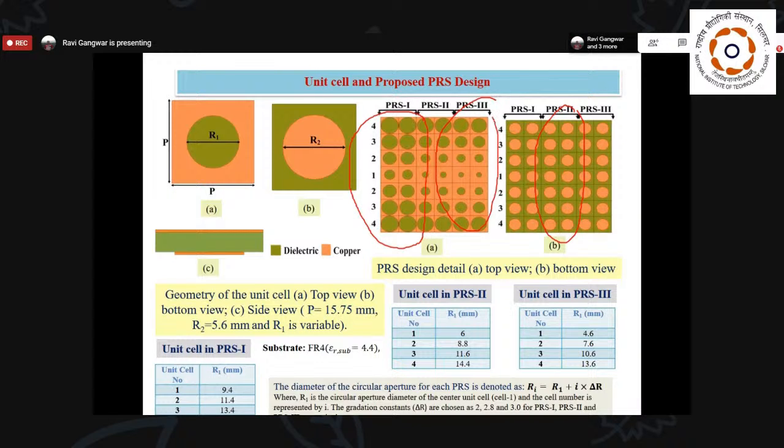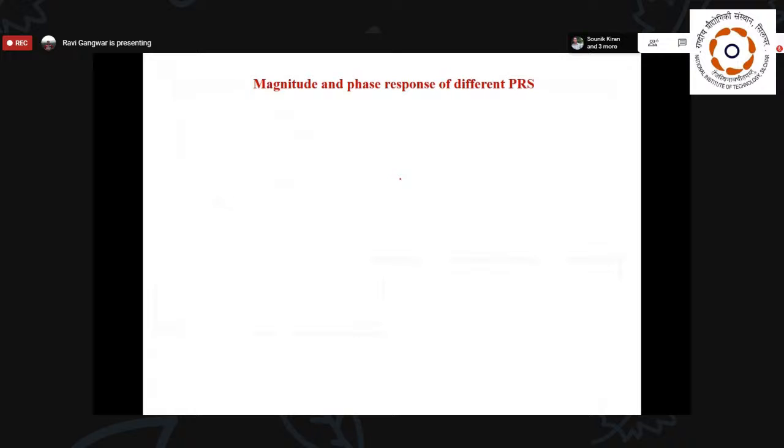For each and every one, the dimensions of the patch are different because the operating frequency is different. So how you design it depends totally upon your operating frequency and how you are able to control the phase, whether you choose an inductive grid or a capacitive grid. All these things you have to manage according to your tilt angle here.